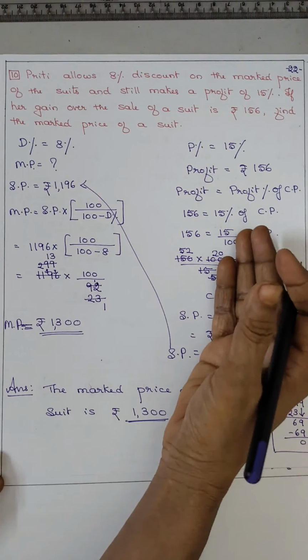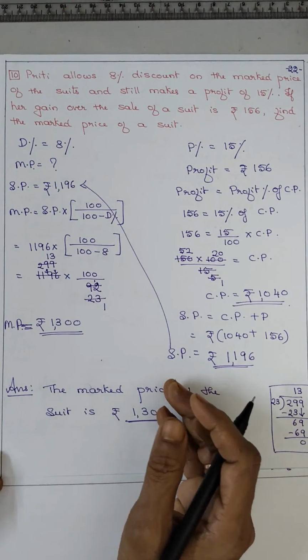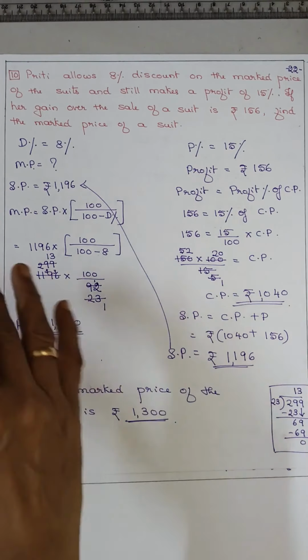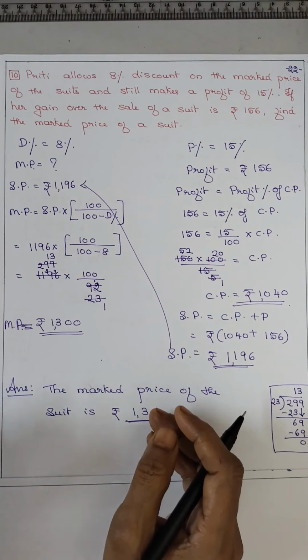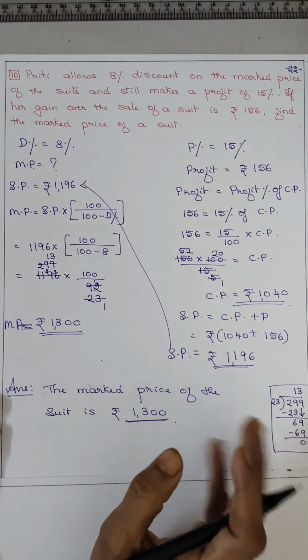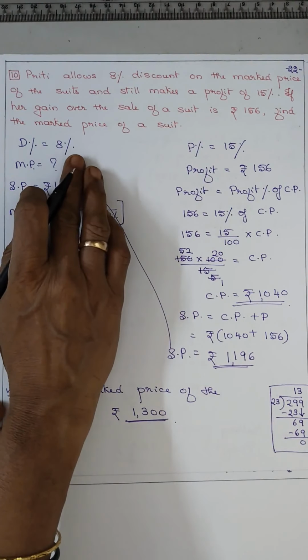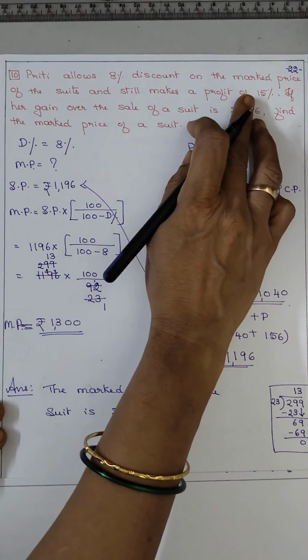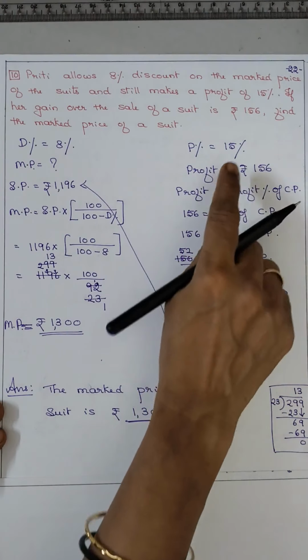You can write this profit percent, profit here and discount percent that side. Okay, like that also you can do. But accordingly, how they have given, like that only I wrote for you to understand easily. Discount percent is given 8% on the marked price of the suits and still makes a profit.